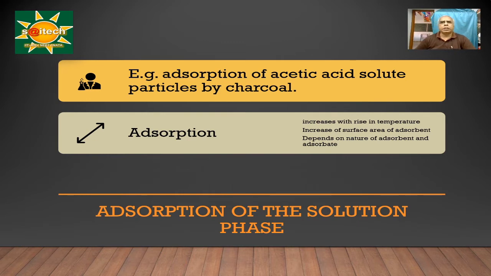With the increase of temperature, there is an increase of adsorption, and there is an increase of adsorption with the increase of surface area of the adsorbent. It also depends on the nature of the adsorbent and adsorbate.